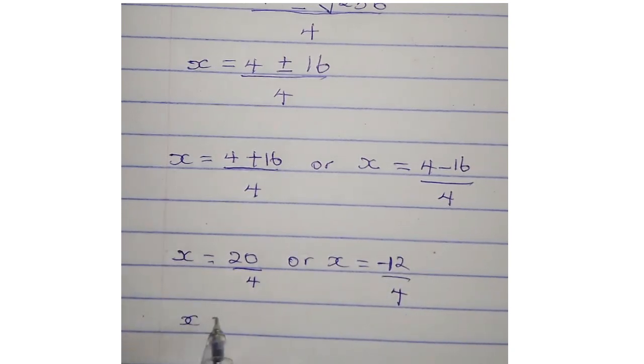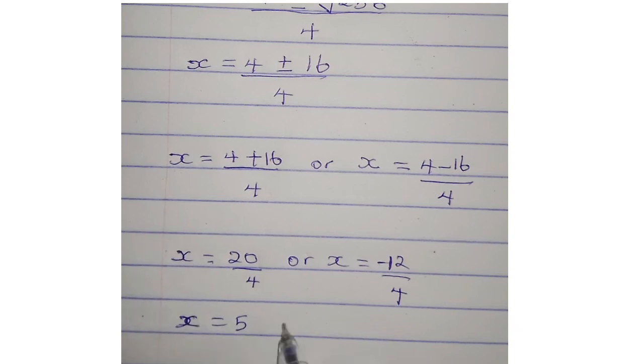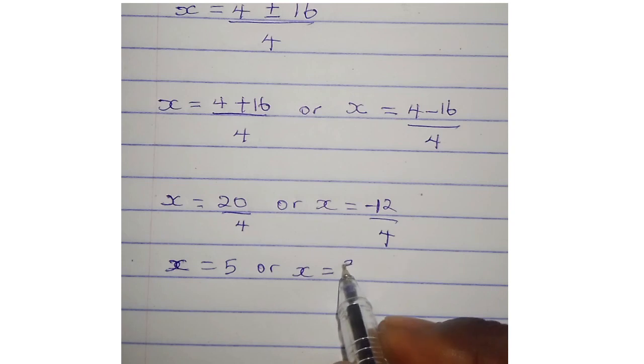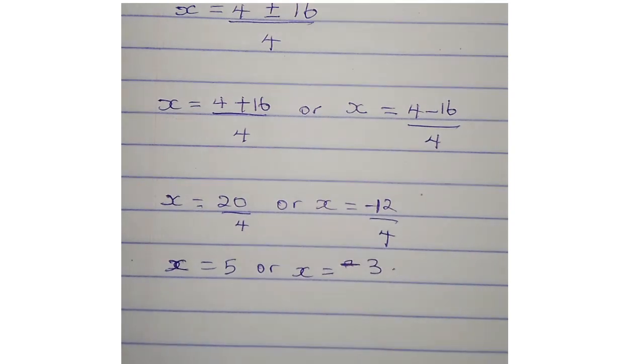So x is equal to 5, or x is equal to -3. Now it's as easy as this.